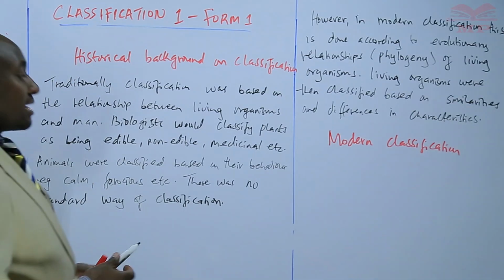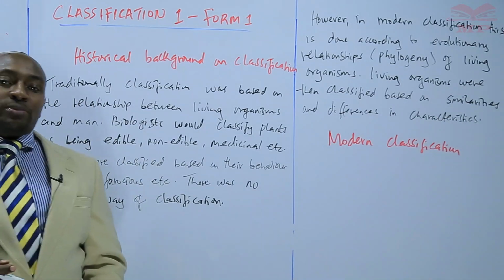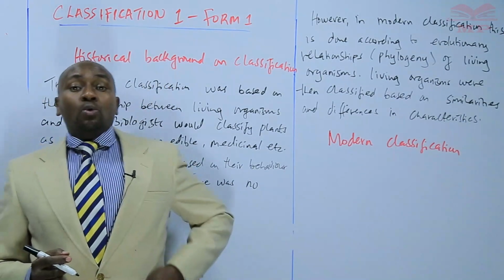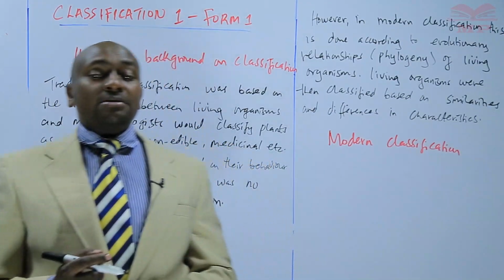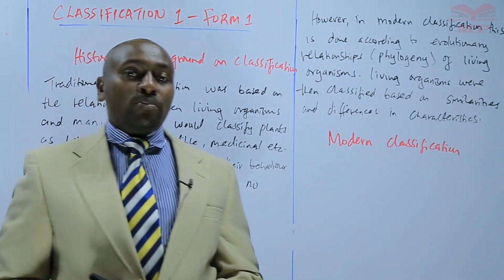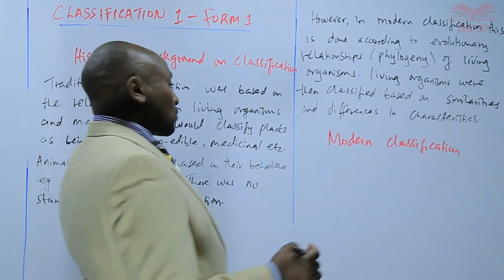And this modern classification involves something that is called taxonomy. Modern classification involves taxonomy, which involves dividing living organisms into taxonomic units. What we call the units of taxonomy.